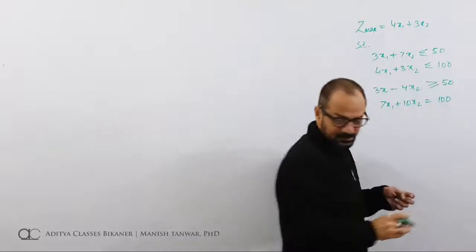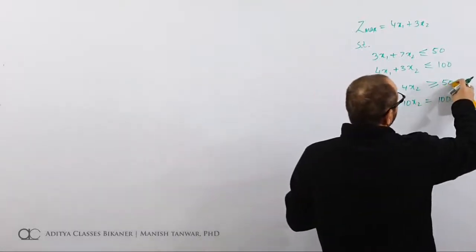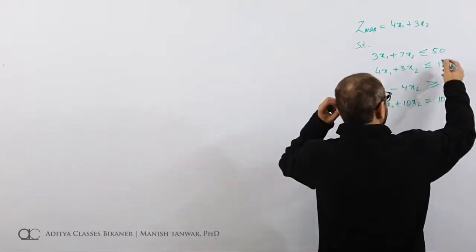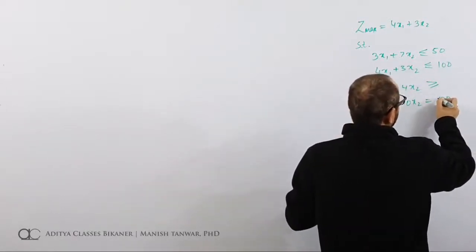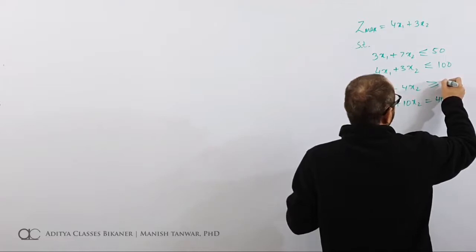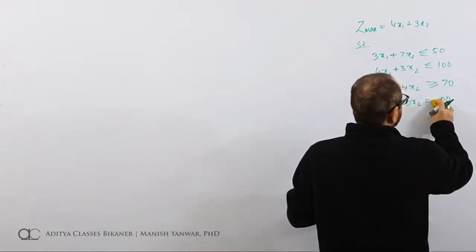Now let us put some other values so that we do not get confused. Let these be 50, 400, and 200, and 70.